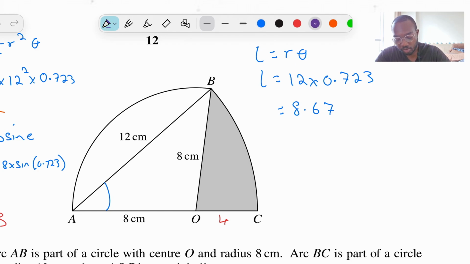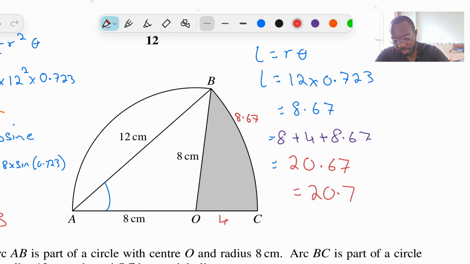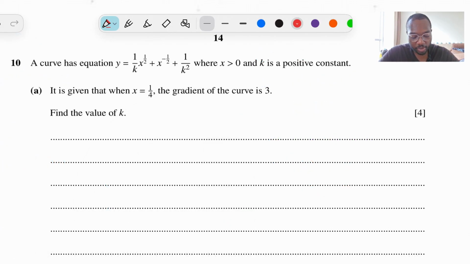Therefore, we just need to do 8 plus 4 plus 8.67, because this value here would be 8.67. Just add them all up, and you get 20.67. So three significant figures, 20.7.